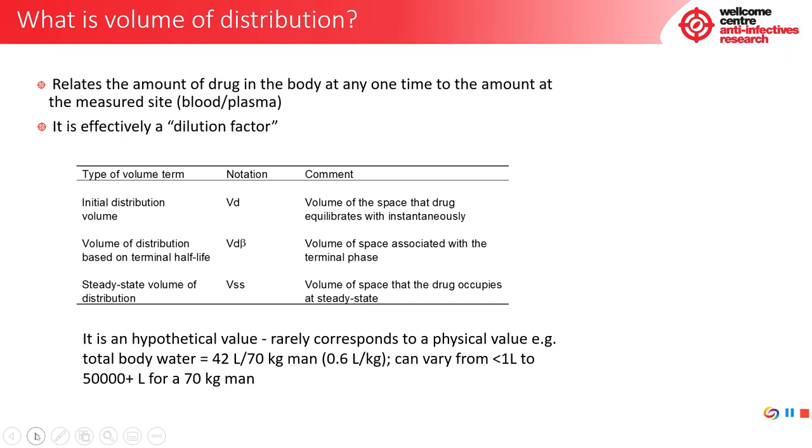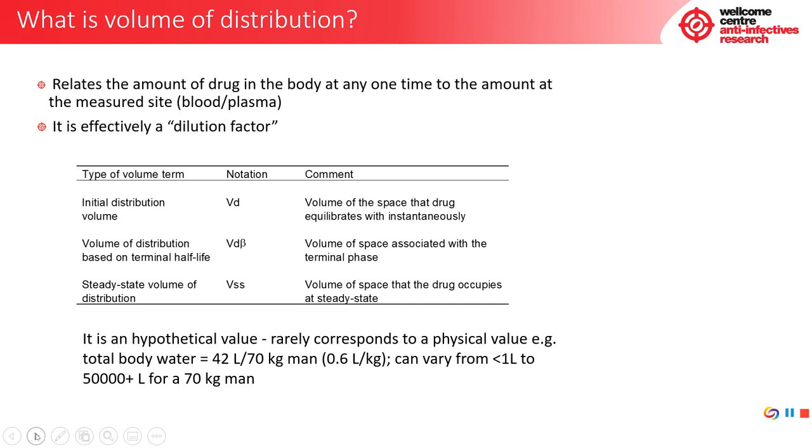Generally, the volume of distribution is a hypothetical value. It rarely corresponds to a physical value, but sometimes it can. So an example is the total body water would have a volume of distribution of 42 liters, and if it's normalized per 70 kilogram man is 0.6 liters per kilogram.